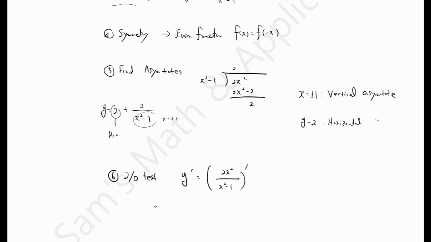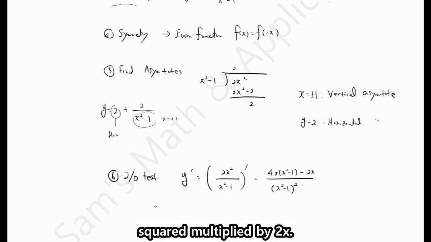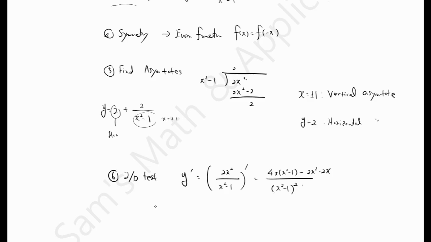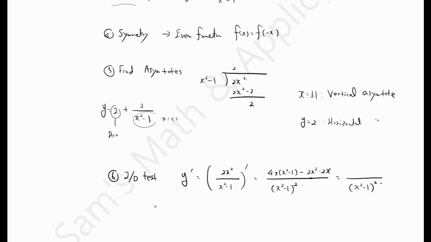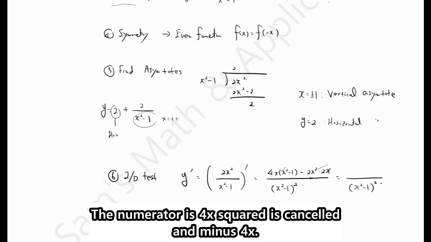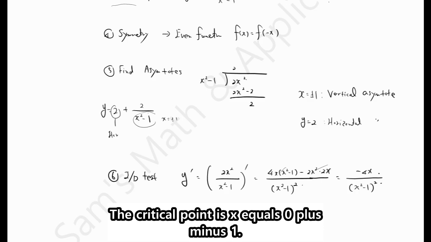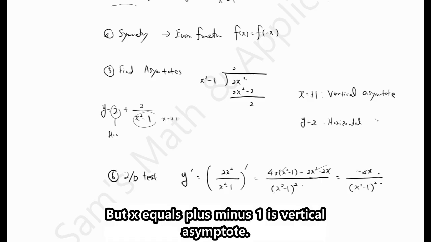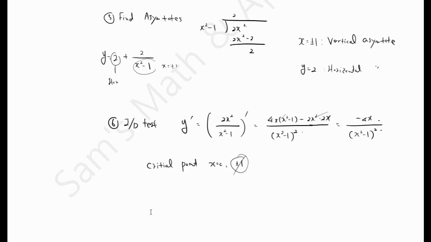This is x squared minus 1 all squared in the denominator, and the numerator is 4x times x squared minus 1 minus 2x squared times 2x. The 4x cubed cancels and we get minus 4x. The critical points are x equals 0 and plus or minus 1, but x equals plus or minus 1 are vertical asymptotes, so x equals 0.